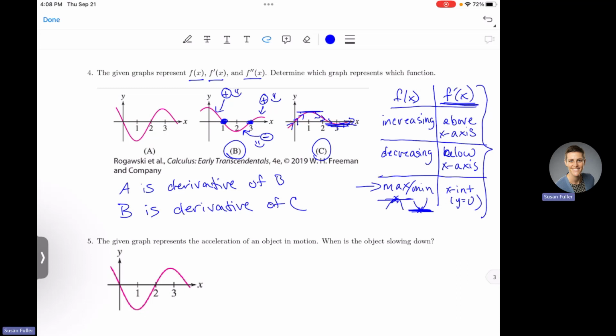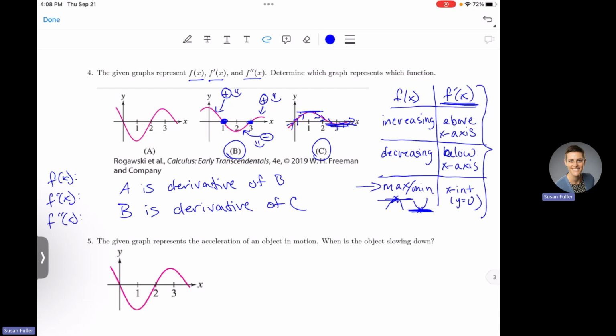Okay, so that will tell us what we need to know about which is the original, which is the first derivative, and which is the second derivative. Now we just have to figure out what all this means. So which is our original, which is our first derivative, and which is our second derivative?